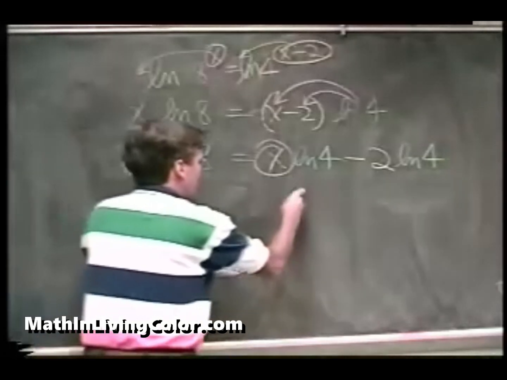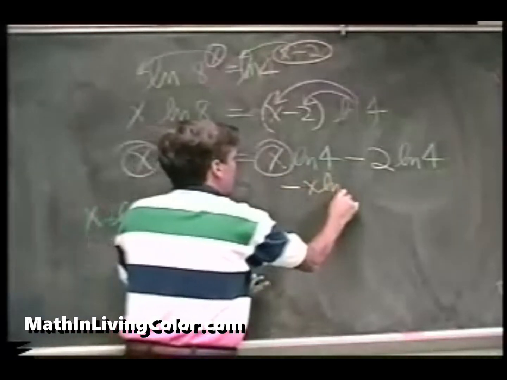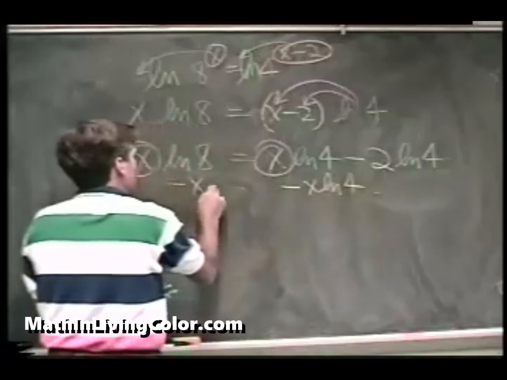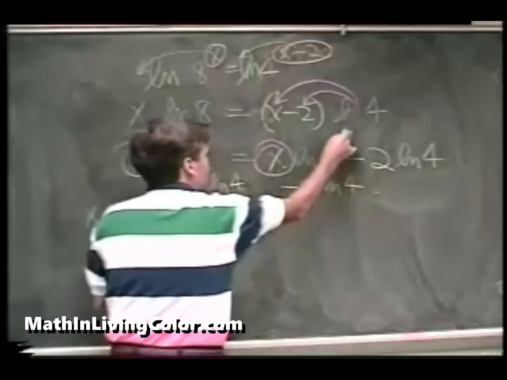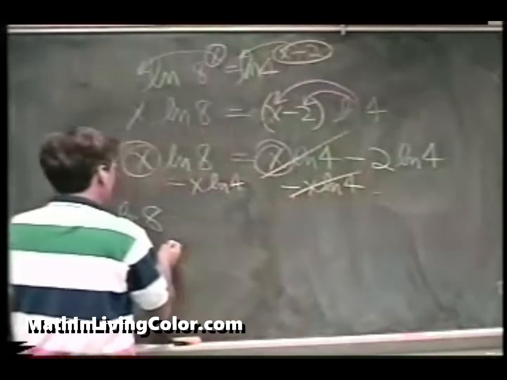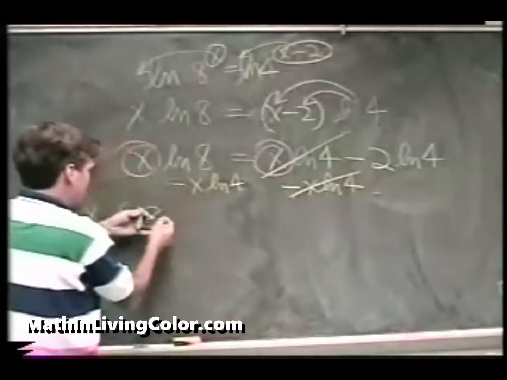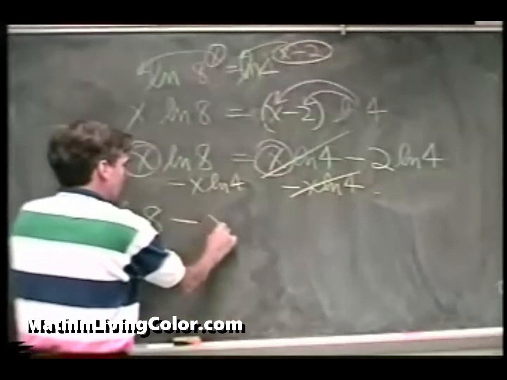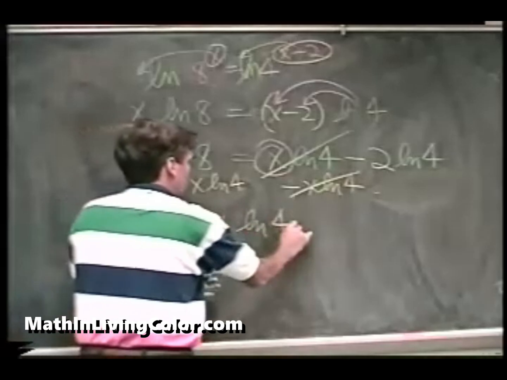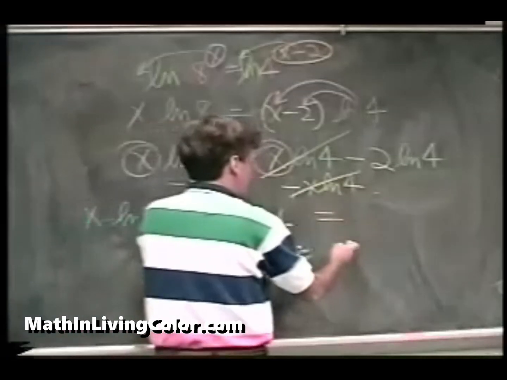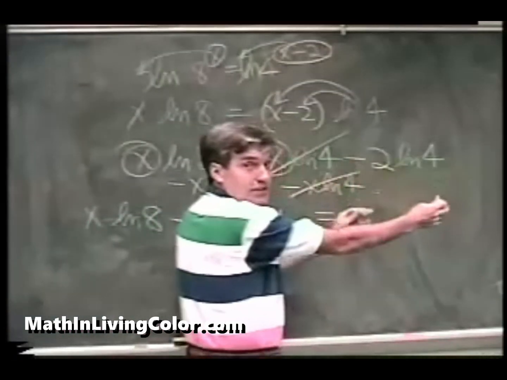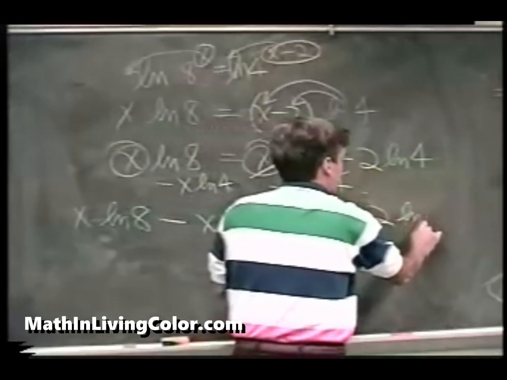And what I've done here, I've subtracted x ln of 4 from both sides. So this subtracts out. And I'll have x ln of 8 minus x ln of 4 equals, and the only thing left on the right side is negative 2 ln of 4.